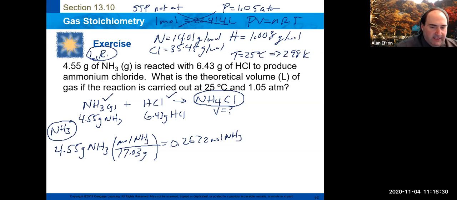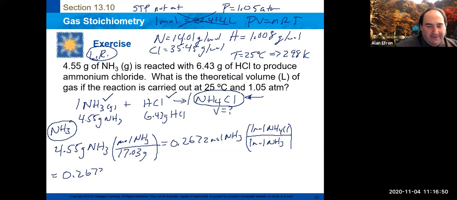We're not interested in NH3, we're interested in our product. It won't always be a one-to-one relationship, so make sure you balance the equation. Here, 1 mole of NH3 gives us 1 mole of ammonium chloride, and we'll assume that it's a gas: 0.2672 moles of ammonium chloride.